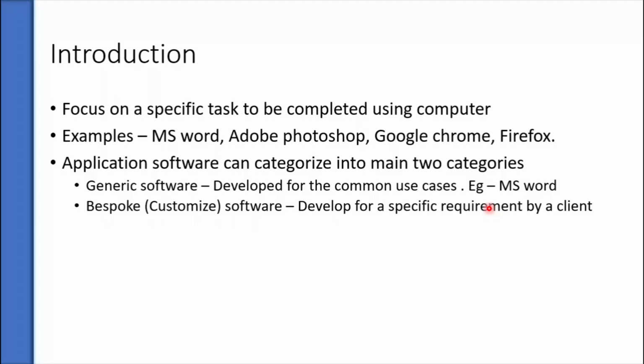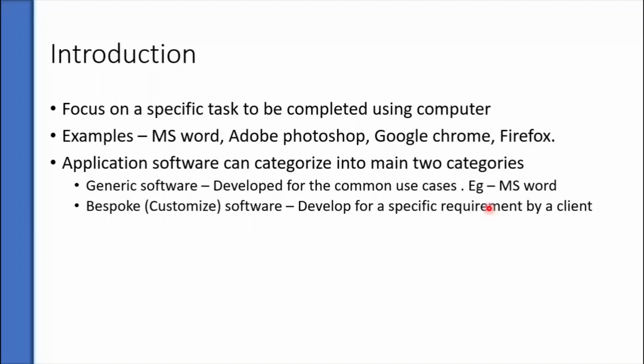Now you want to develop software for yourself. You want to track your items. You are developing a huge product, a helicopter. So you want to track the items, track the process, and test the things. It's specifically for you, not for everyone, but for a specific requirement. So your development company would develop only for your requirement.